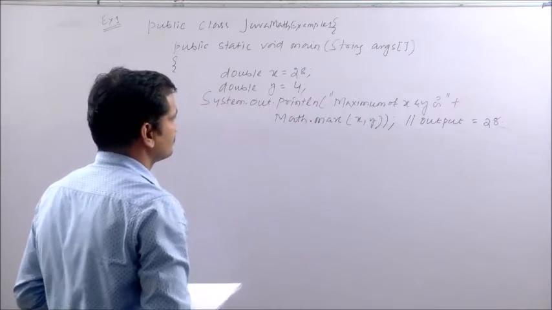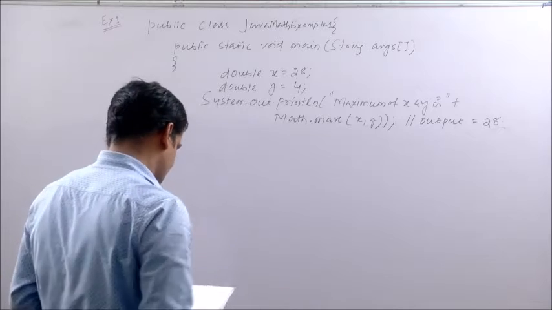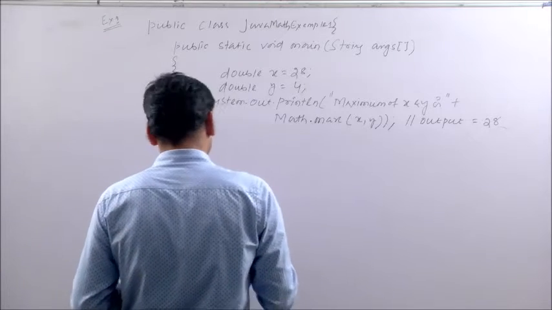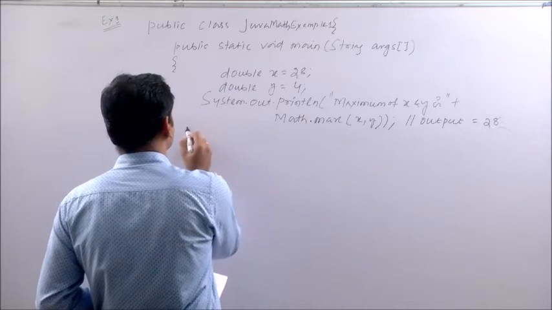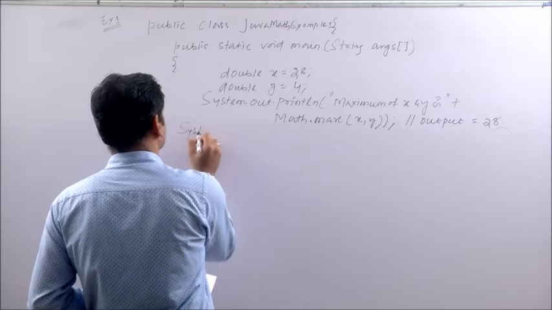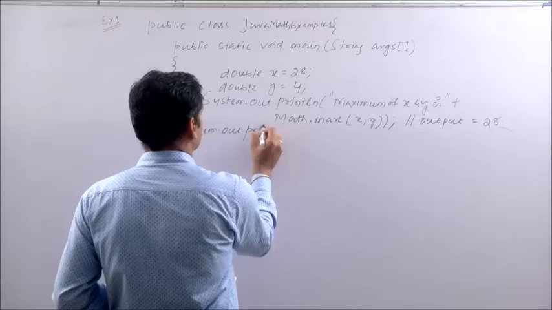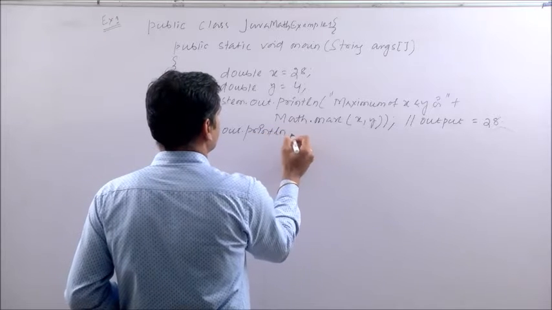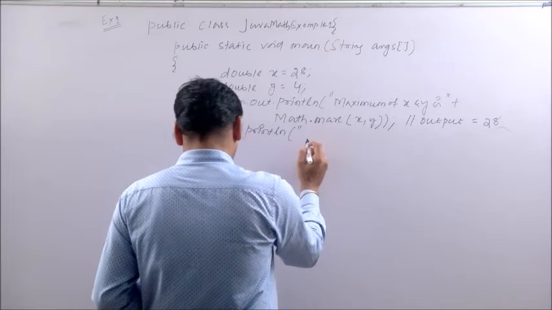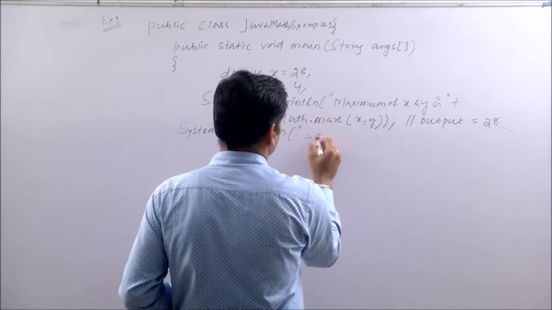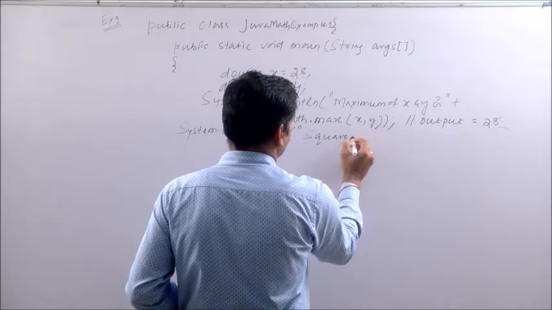Now, going to the next one, suppose we are going to use the square root function. How to use it? Suppose we are going to find the square root of y.